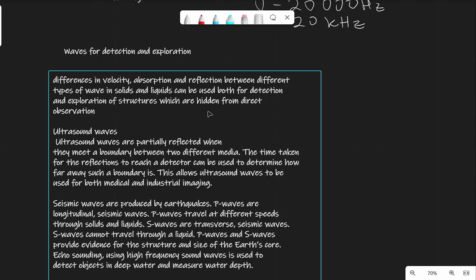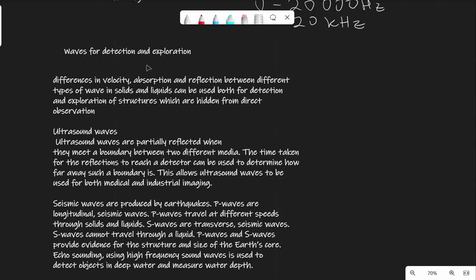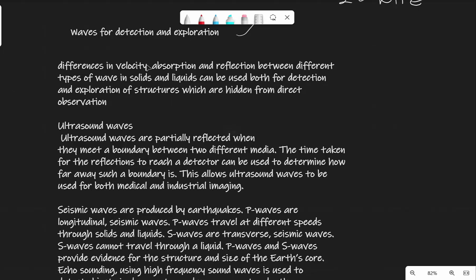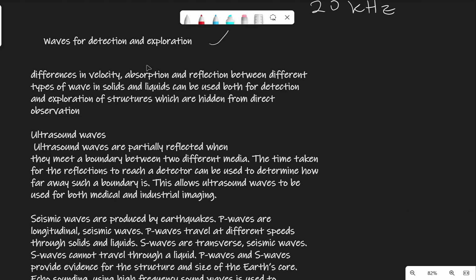And now let's have a look at some waves for detection and exploration. In general, with waves, we can use the differences in velocity, the absorption, and the reflection between different types of waves and solids, both to detect and to explore structures which are hidden from direct observation. For instance, if we're shooting off a wave and we get nothing back, this means that the wave has just carried on.